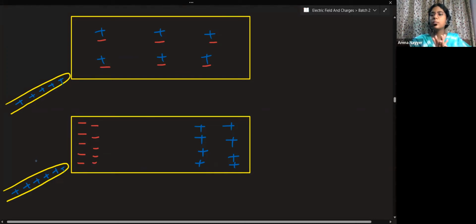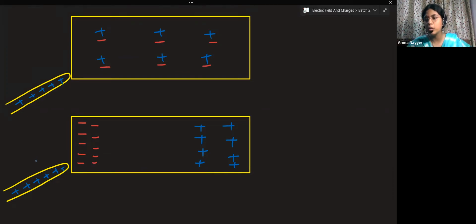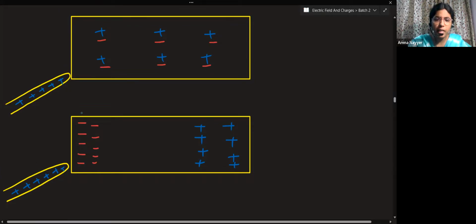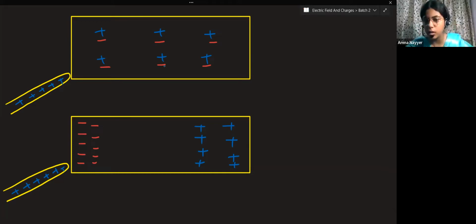Charges will redistribute among themselves and again it will become neutral. So induction is basically this temporary electrification. One end has now become negatively charged and the other end positively charged, which was not the case previously. Initially, all the charges were equal and placed together. So this combination of positive and negative charges was balancing each other and making the body neutral.